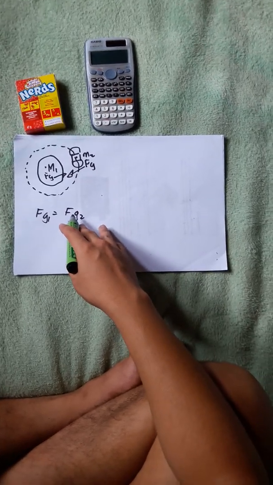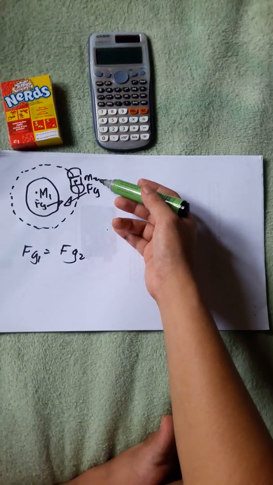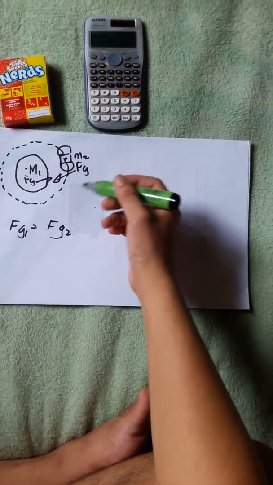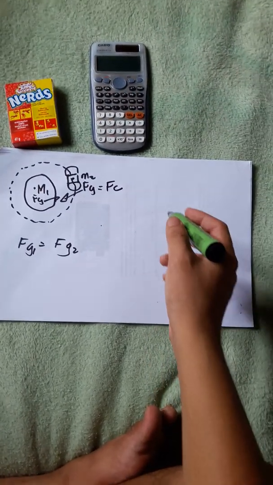Because M2 is moving on a circular path, we call it Fc, or centrifugal force.